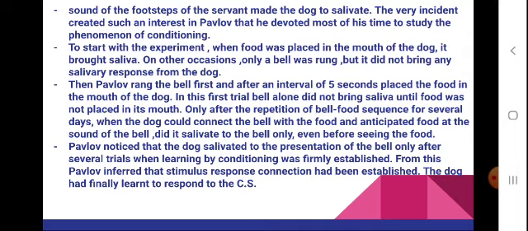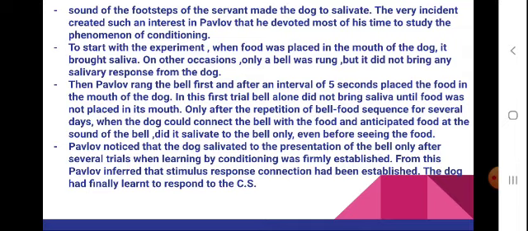It was only after the repetition of the bell being rung and the food being presented, when this sequence was followed for several days, that the dog could connect the bell with the food and anticipated food at the sound of the bell. And then it salivated to the bell only, even before seeing the food.